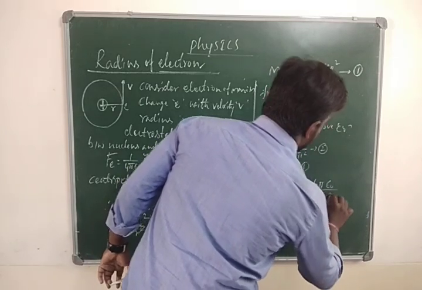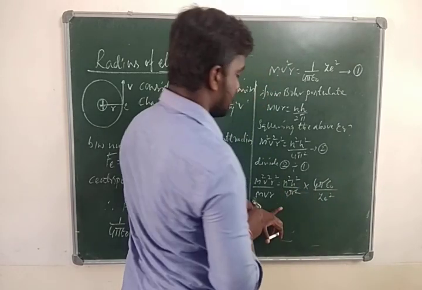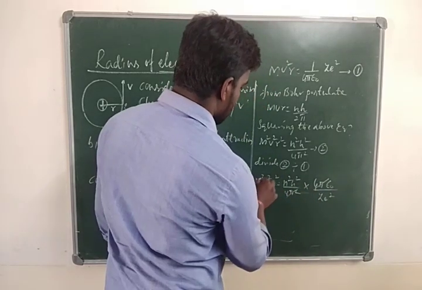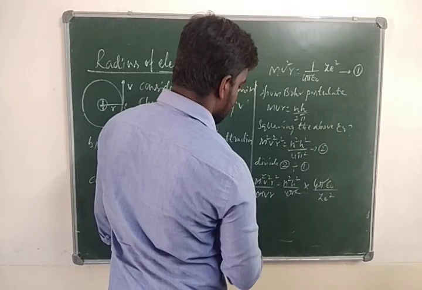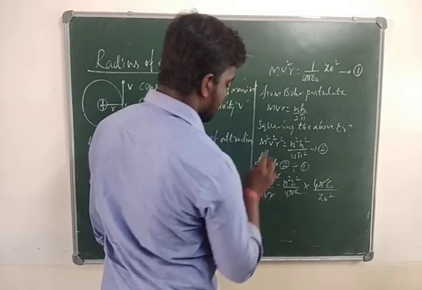Here 4 pi square gets cancelled, m gets cancelled, v gets cancelled, and r gets cancelled.